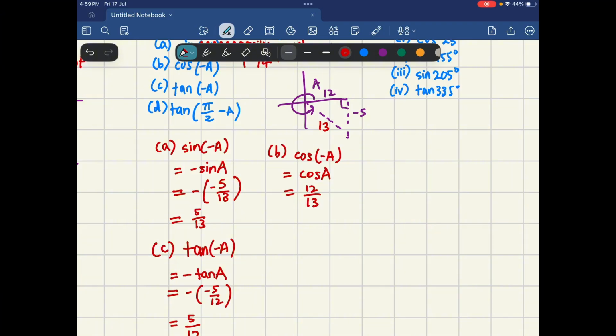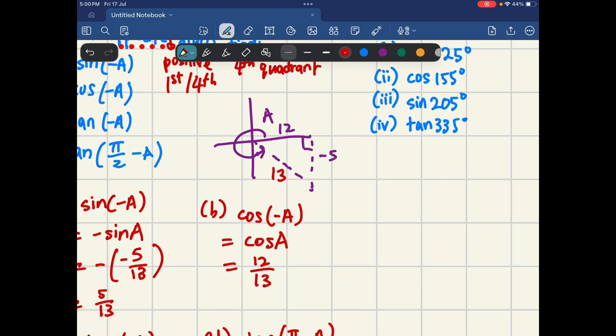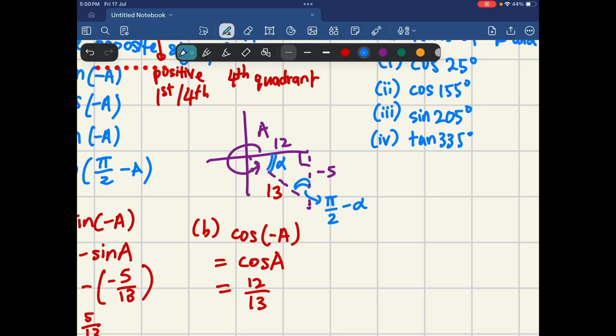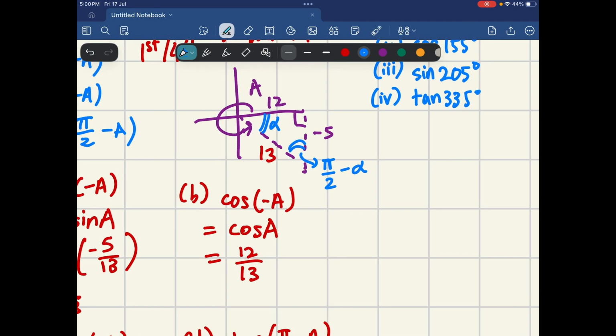Now D wants us to find tangent of pi over 2 minus A. So where's that actually? If this is A, your reference angle is here. To find pi over 2 minus A will be this. This is pi over 2. Pi over 2 minus alpha, our reference angle. So to find tangent of that, we have to take into account this.